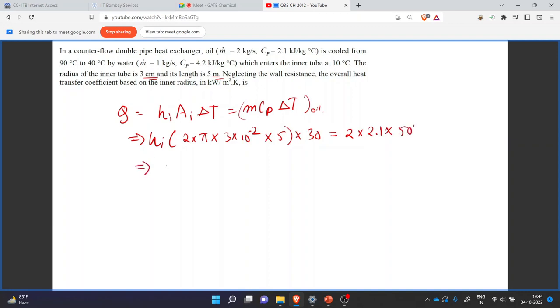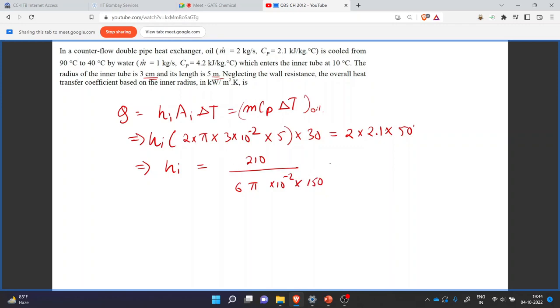So from here we can get this Hi as 210 upon, that is, we can write 6 pi 10 raised to minus 2 into 150.